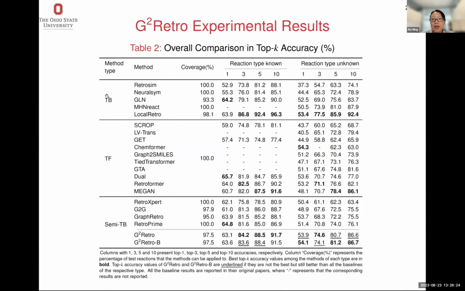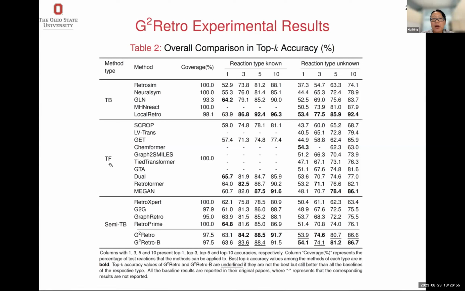There has been a lot of methods developed for retrosynthesis prediction, but they can be categorized into three types. Template-based, meaning that there has been a lot of knowledge about synthesis, and people categorize them into different templates. And when we do the retrosynthesis, we can just identify the most suitable templates and put the templates together.